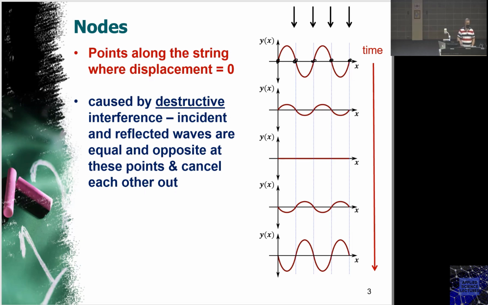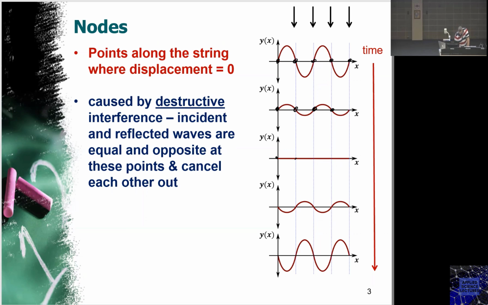Those nodes will have zero displacement all the time. The sine function is going to oscillate between maximum and minimum. However, those points, the nodes, will always have zero displacement. If I look at another moment, let's see this one, then those nodes are here. As you can see, in all 4 or 5 snapshots that we have here, those nodes are always zero.